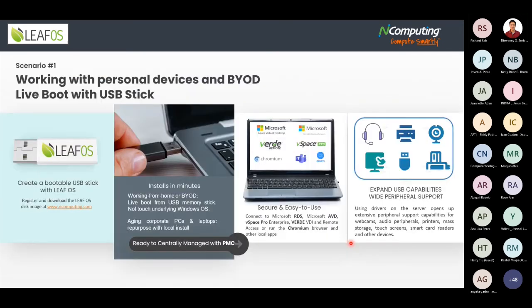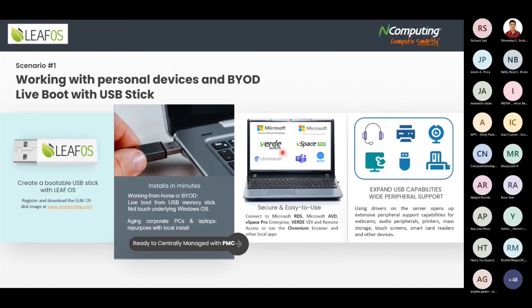Now, scenario number one on your screen is like what we mentioned earlier. With the use of a USB stick, you could already install Leaf operating system on that and plug it into a PC or laptop and boot it from there. You will now be experiencing a purpose-built environment that is catered to various connectivity such as Microsoft AVD or Microsoft Remote Desktop and other platforms.